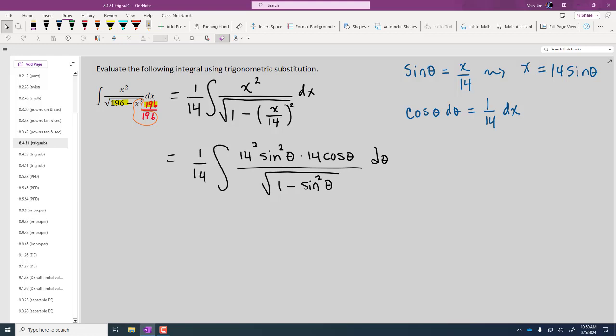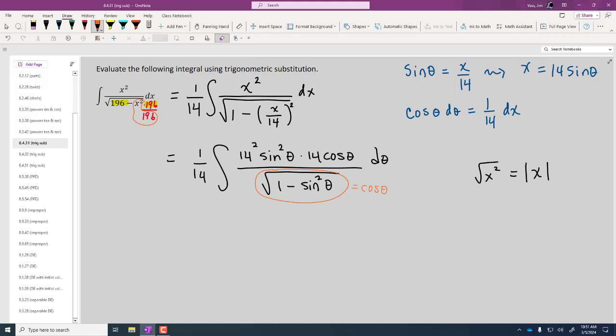Like we know in general that the square root of x squared is not just x, it's actually the absolute value of x. But if they don't tell us, the square root of cosine squared is cosine, square root of sine squared is sine. We assume the best case scenario. So that tells us that the square root in the denominator is equal to cosine of theta.